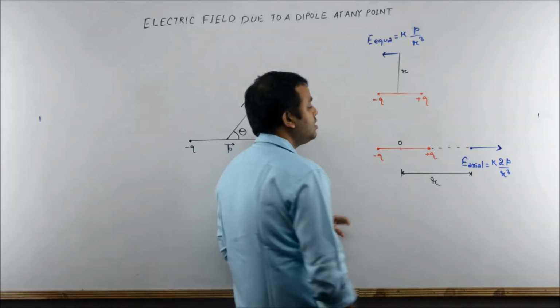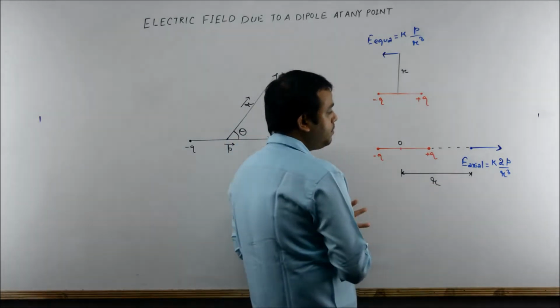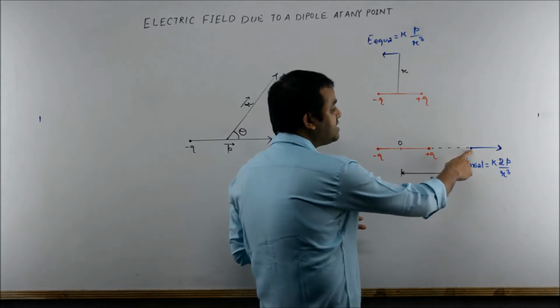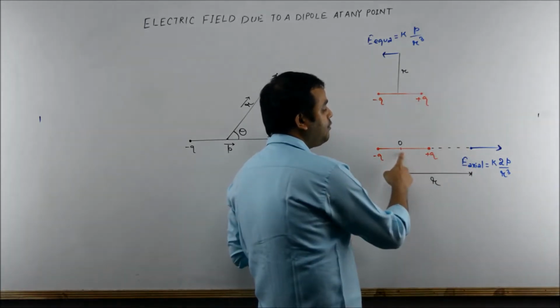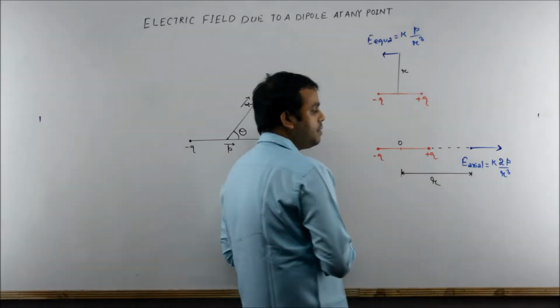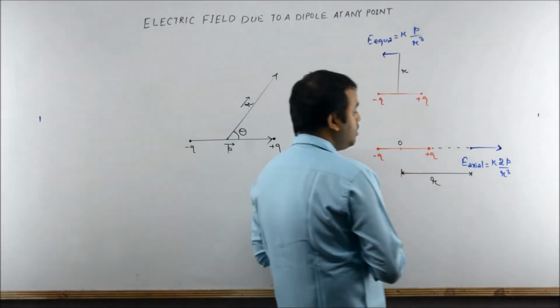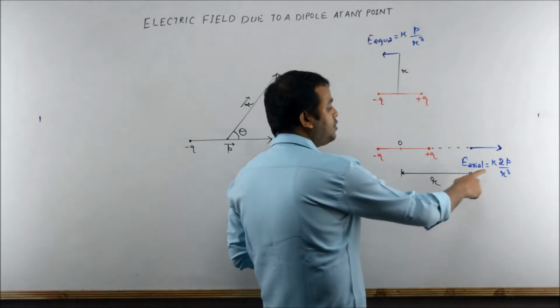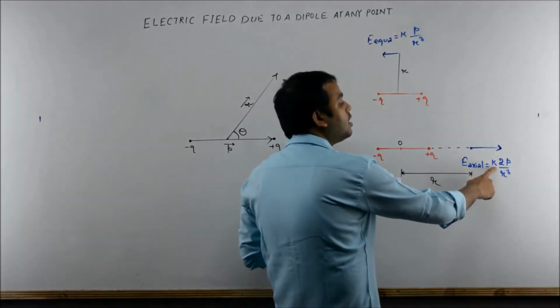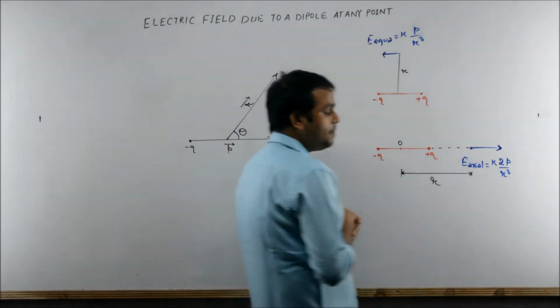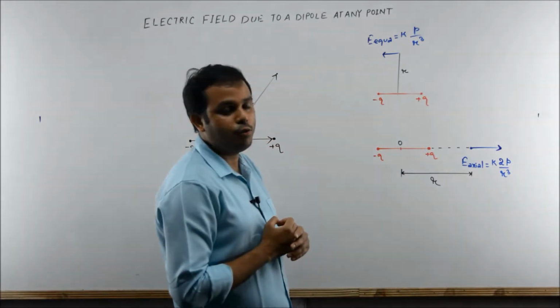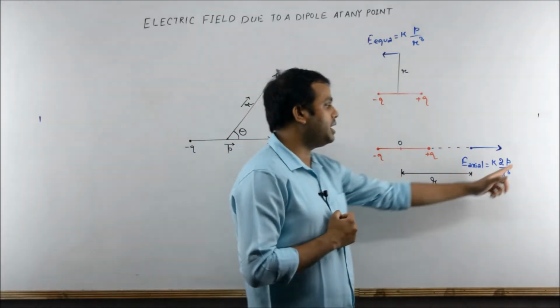So students, this is our dipole and this is the axial point, which is at distance r from the midpoint of the dipole, where we found that the electric field is k twice p by r cube. What is k? It is basically 1 by 4 pi epsilon naught. What is p?